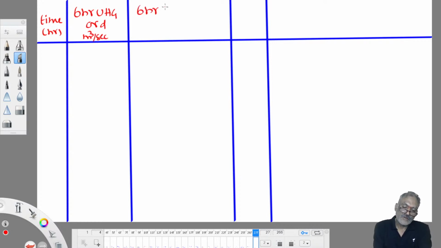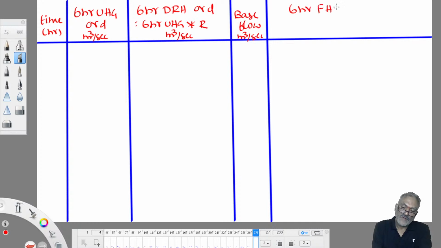From this what can you find out? The 6-hour direct runoff hydrograph ordinates. How? The 6-hour unit hydrograph ordinates into R. To this you add base flow in meter cube per second. Then we get the 6-hour flood hydrograph ordinates, equal to the 6-hour direct runoff hydrograph ordinates plus base flow. So this is given to you.